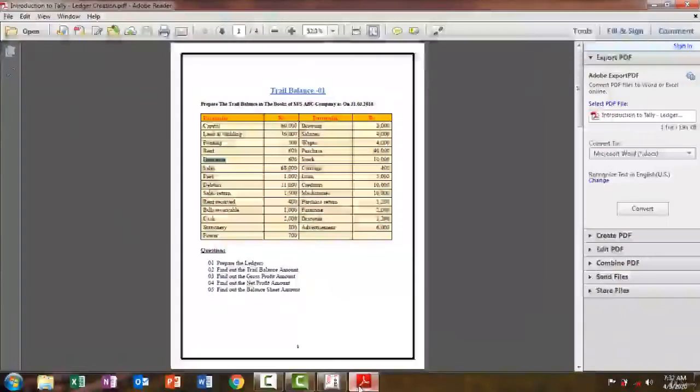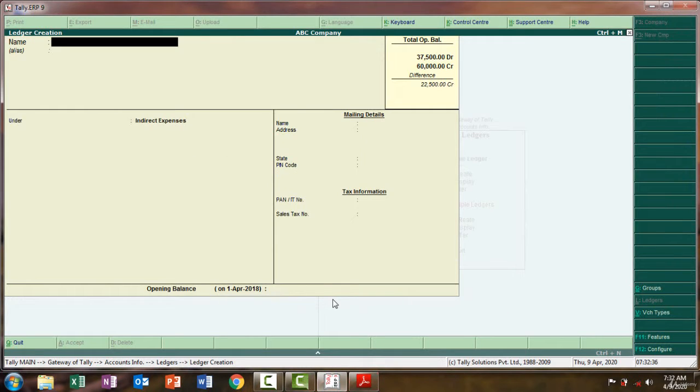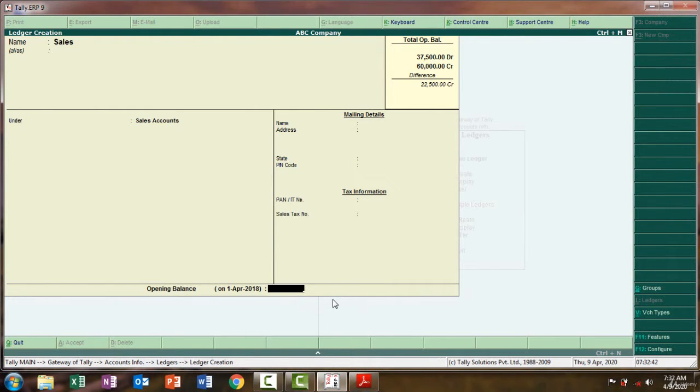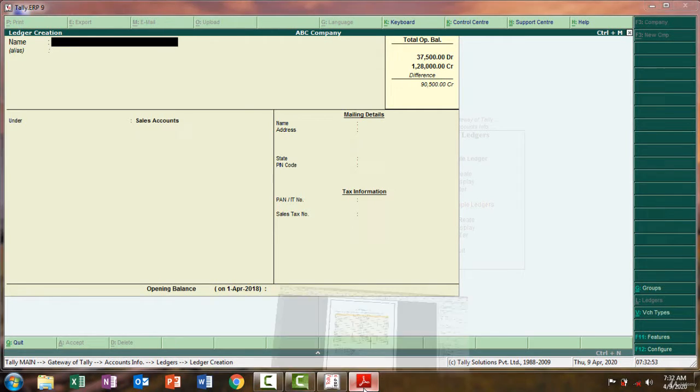The next one is sales, 68,000. It comes under the Sales Account, 68,000. A sales account is always credit.